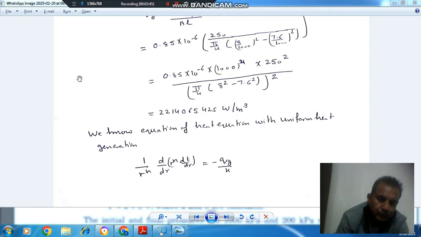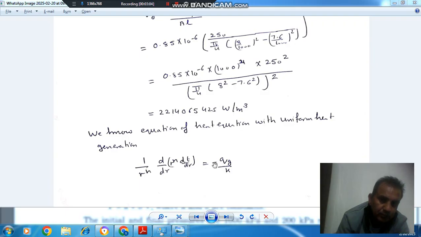So now the equation of heat transfer with heat generation in general coordinates is 1 by r^n d by dr of (r^n dT by dr) is equal to minus qg by k.